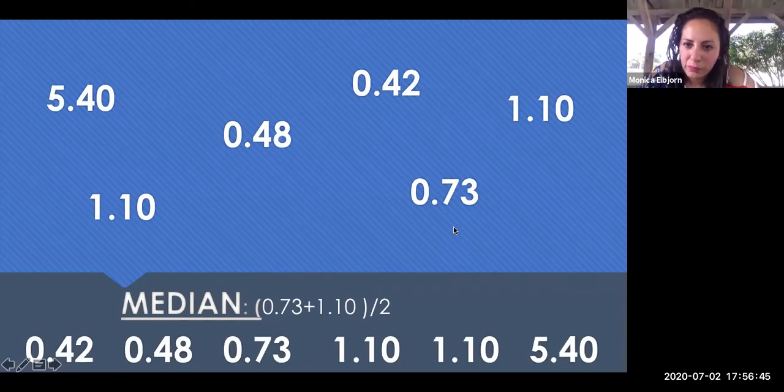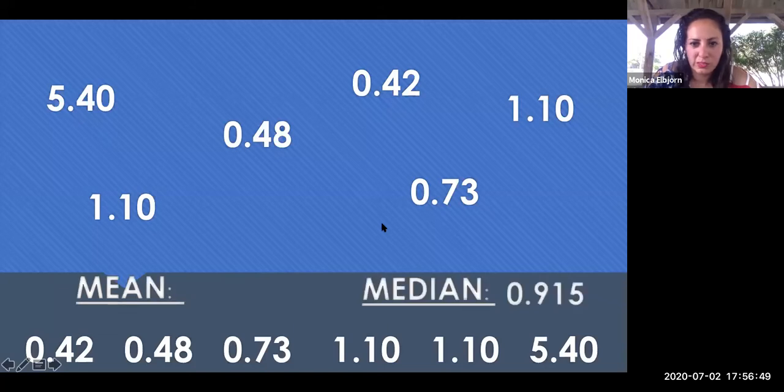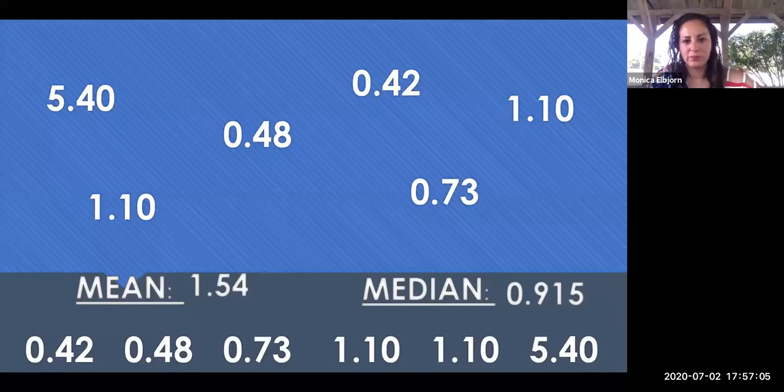Very good, 0.915, 0.192. Yeah, very good, I got it. Cool, very good. So we got the median. What about the mean? We said the mean was 1.54 or 1.39, right? Are they pretty close?